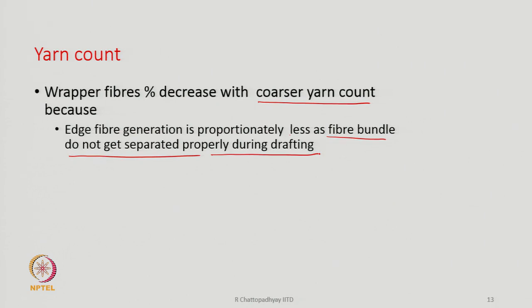When the bunch of fibers is larger, the cohesion between them is also more. The fibers which will really get separated, the fibers located near the edge, depends also on the level of cohesion between the fibers. If there are many fibers to support them, many of them may not escape twisting action.